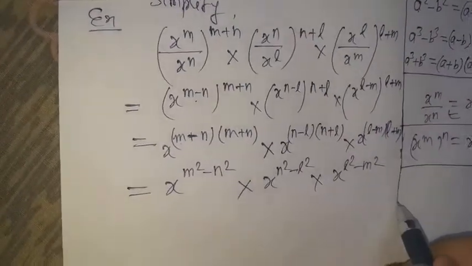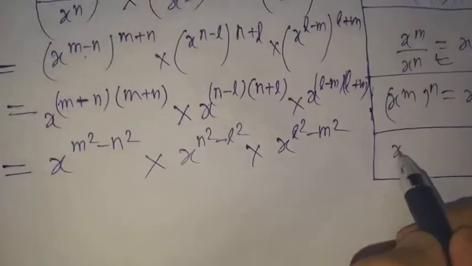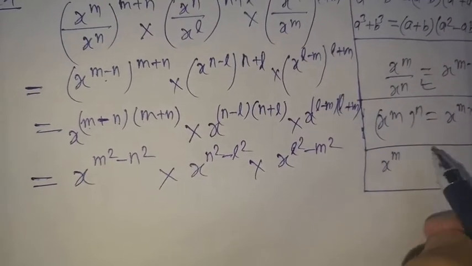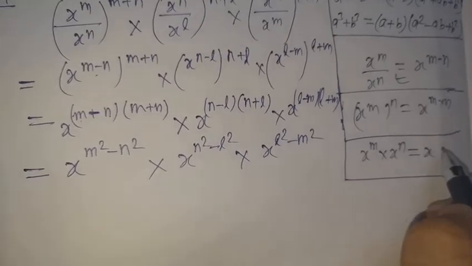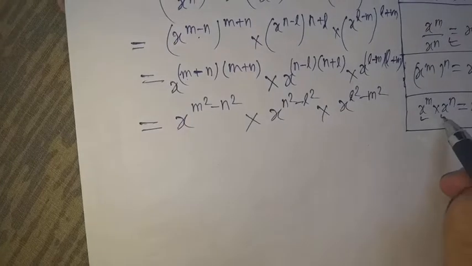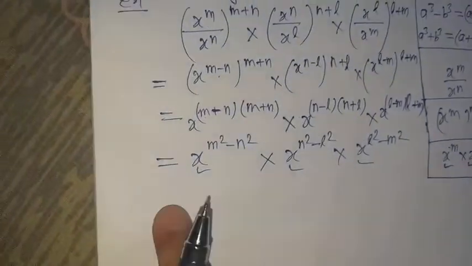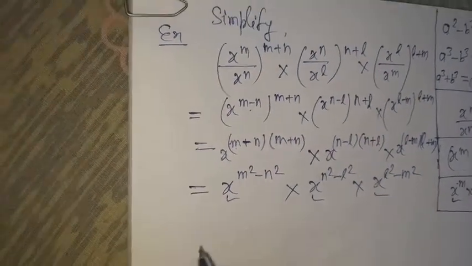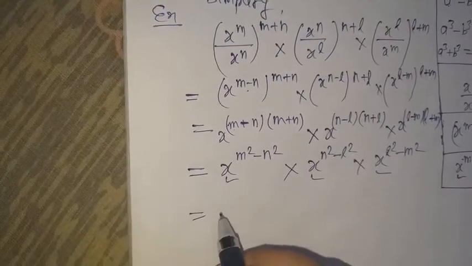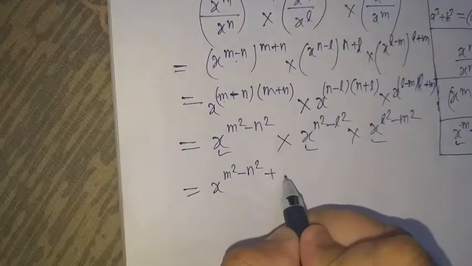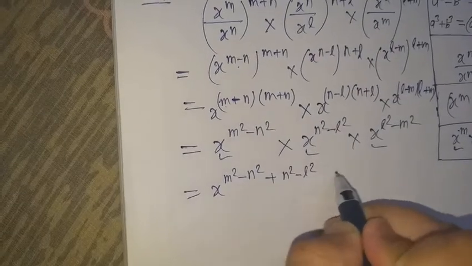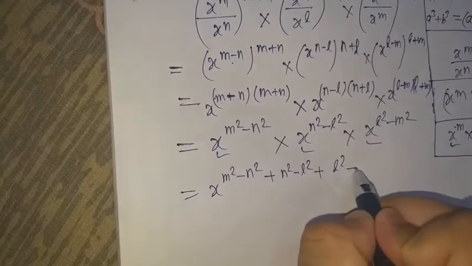Now you know another identity: x to the power m into x to the power n is x to the power m plus n. If the base is the same, then the powers will be added. Here the base is the same, x. Then just add the powers: x to the power m square minus n square plus n square minus l square plus l square minus m square.